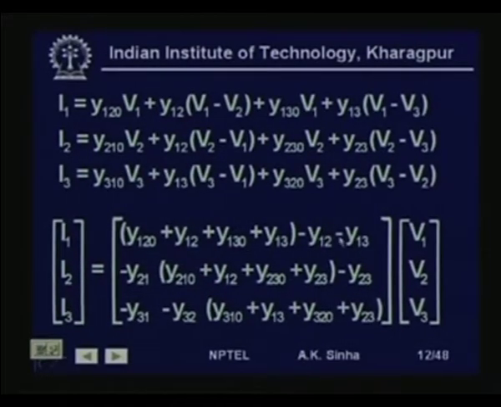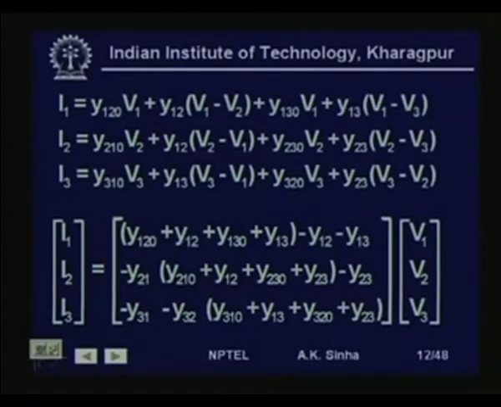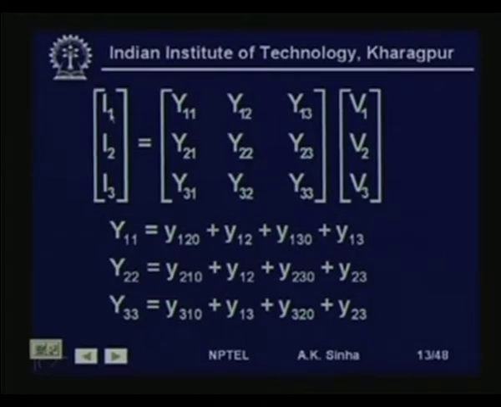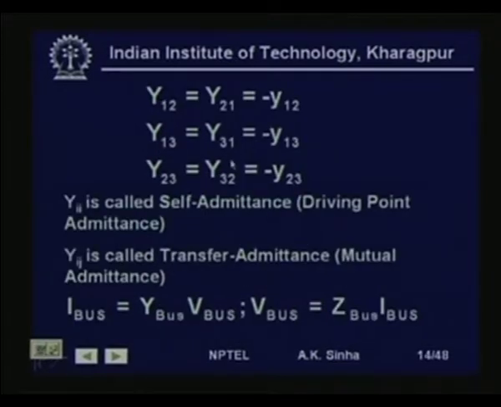Similarly, off diagonal elements are nothing but the negative of the admittance of the element connected between those bus bars. So, finally, we can write this as I is equal to Y into V, where, as we said earlier, the diagonal elements are the sum of all the elements incident to that bus bar, and the off diagonal elements are the negative of the admittance of the element connected between those two bus bars.